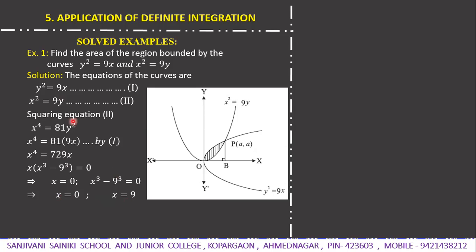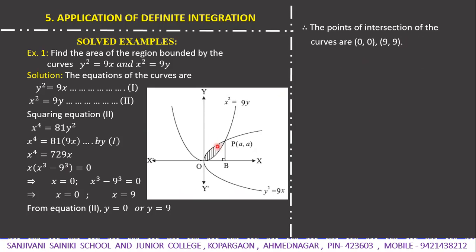And if you put x is equal to 9 in this equation, again you will get y is equal to 9. So the points of intersection you are getting are (0, 0) and (9, 9). These are the points of intersection of the curves. So we have to integrate from 0 to 9.